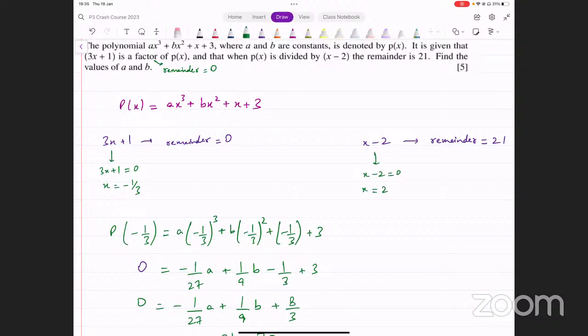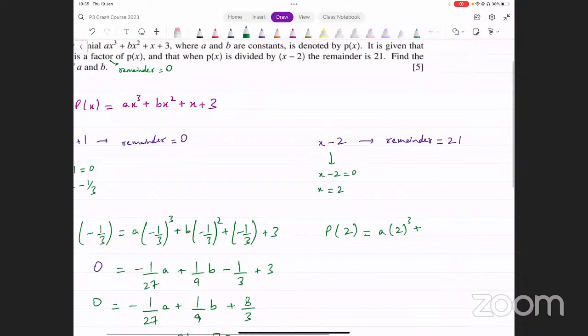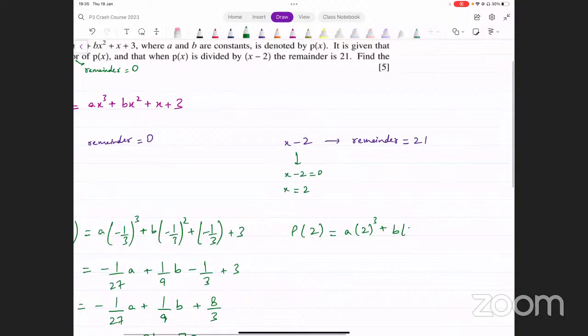And now in that polynomial, you input 2 instead of x. So you find p of 2. Let's see what that gives us. a into 2 cubed plus b into 2 squared plus 2 plus 3.